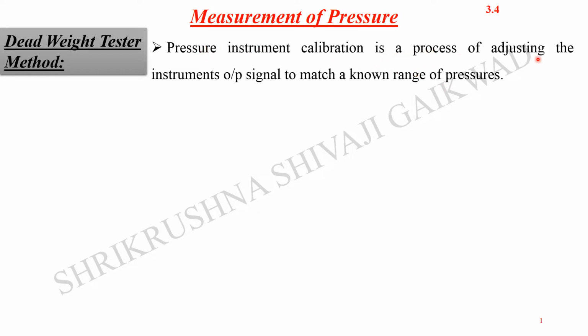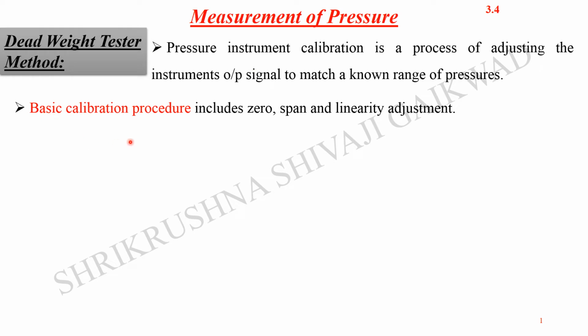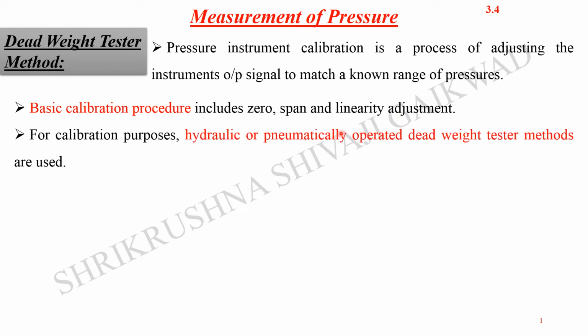Calibration is the process of adjusting the instrument's output signal to match the known range of pressures, so that machines can be easily calibrated with very high accuracy. The basic calibration process includes zero, span, and linearity adjustment. We already know the definitions of these three characteristics of the instrument.